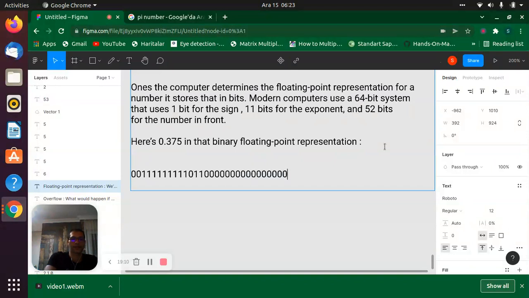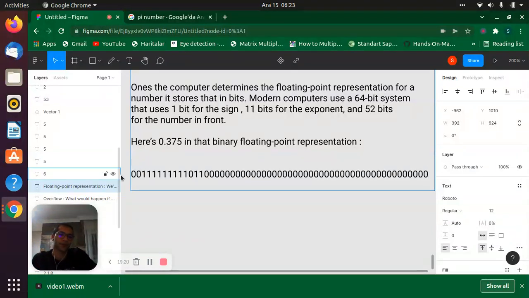All the way. Yes. It has to be 63 for the sign, and the 11 here, I think, for the exponentiation. The other ones go all the way like that.